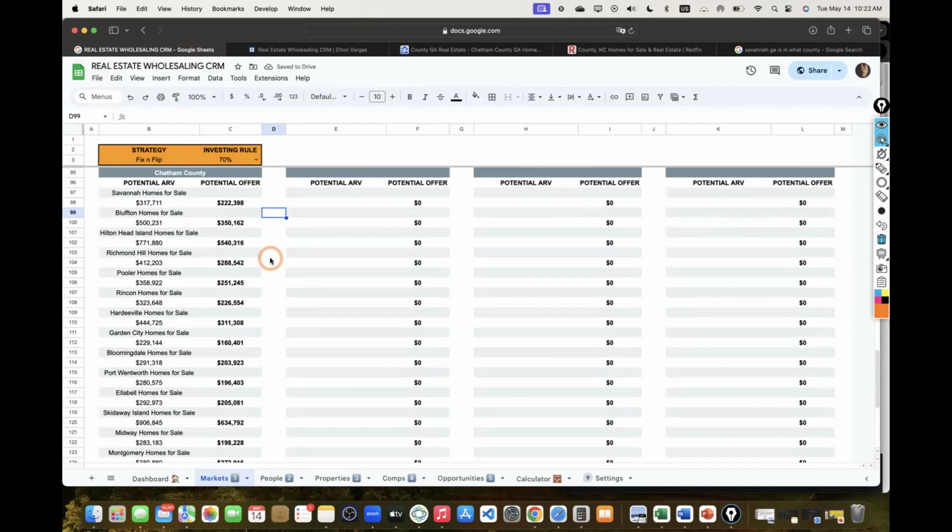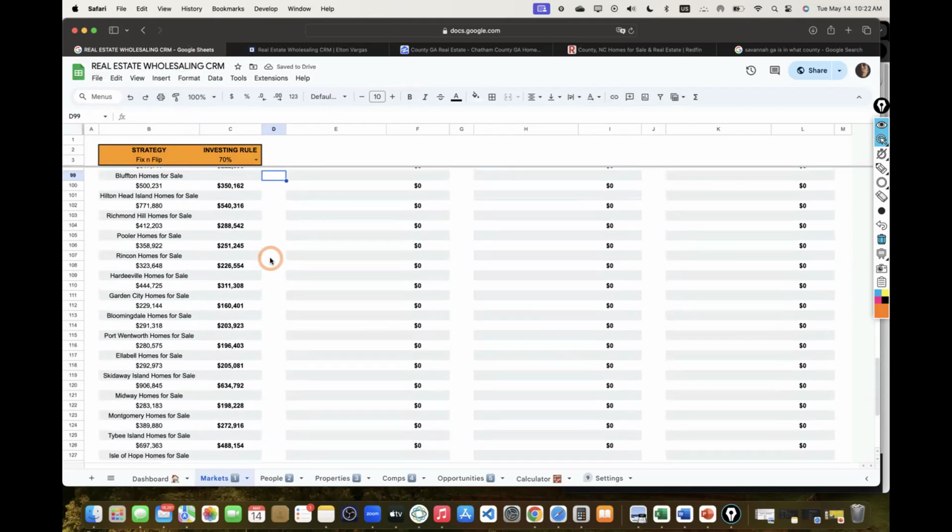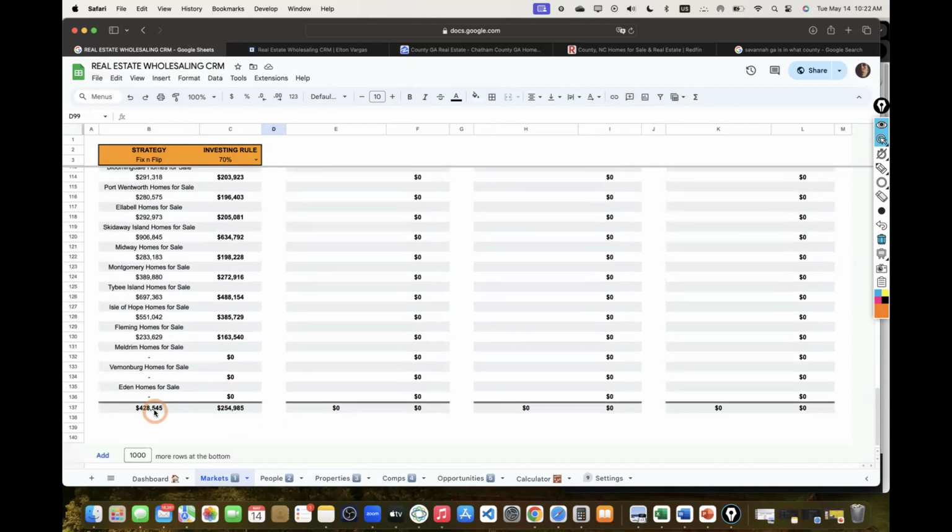Because right now I'm looking at the entire county, if I scroll down to the bottom, it's going to give me the average of it all. The average of all the cities combined sell around $428,000, and I have to look for projects, both buy and hold, for properties less than $255,000.